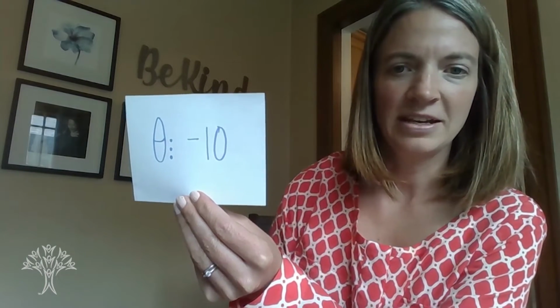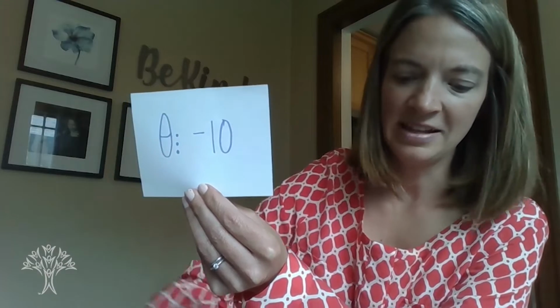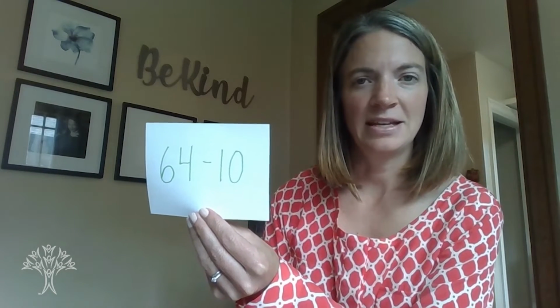All right, sometimes this one can be tricky. If we have 13, we take away that 10. What's left? 3. All right, let's take away the model and just try it with numbers. See if you can picture that model in your mind if you need to. 64 minus 10.